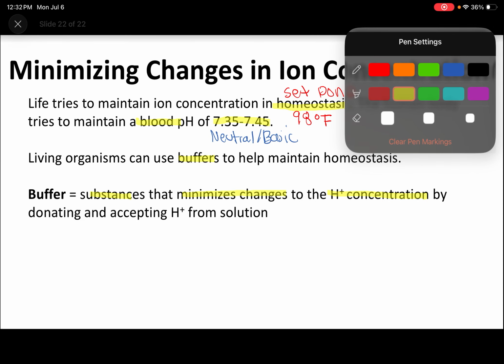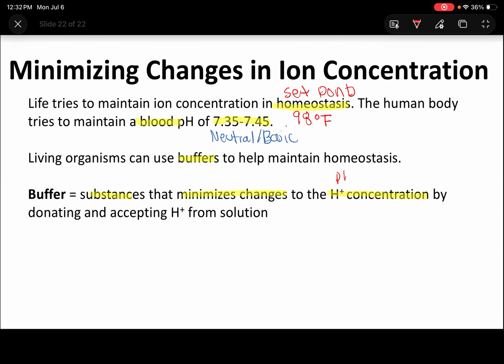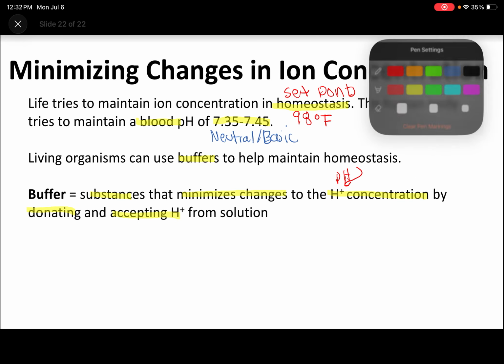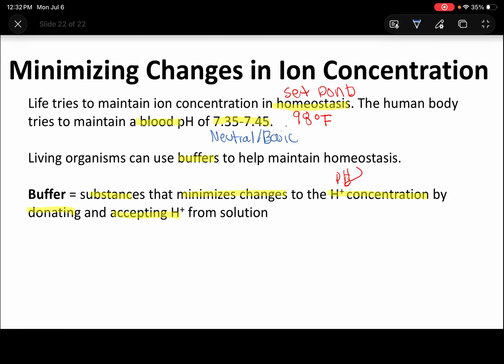Remember, pH is a measure of how many hydrogen ions we have. And buffers do this by either donating hydrogen ions or accepting hydrogen ions in a solution. So for example, you should never do this, but let's imagine that we drink a big glass of hydrochloric acid. Hydrochloric acid is a strong acid, meaning that it easily gives away hydrogen ions.